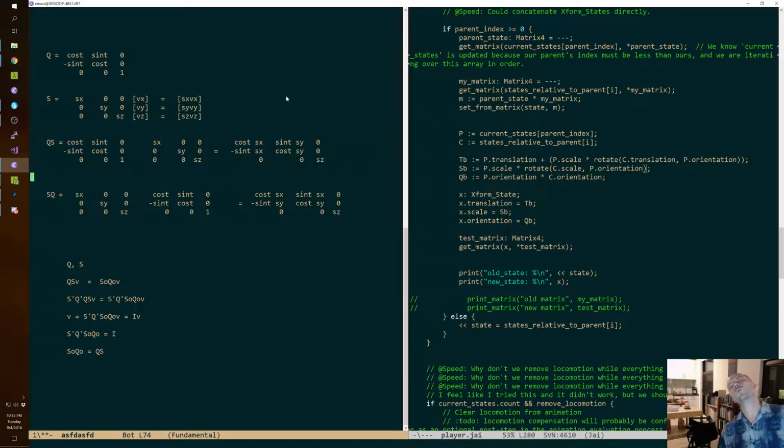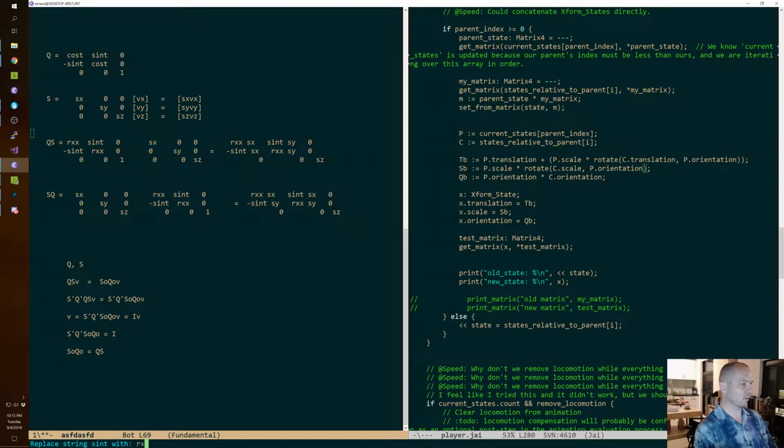I don't know how that helps us. Let's, I'm going to call this RXX, RXY, just to be a little more compact.